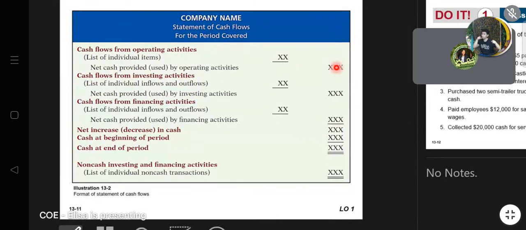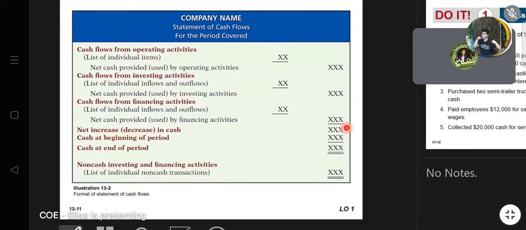Then, from there, net increase or decrease in cash. So, assuming this is used, so negative, this is used, so negative, this is used or negative, that would mean there's a net decrease in cash.